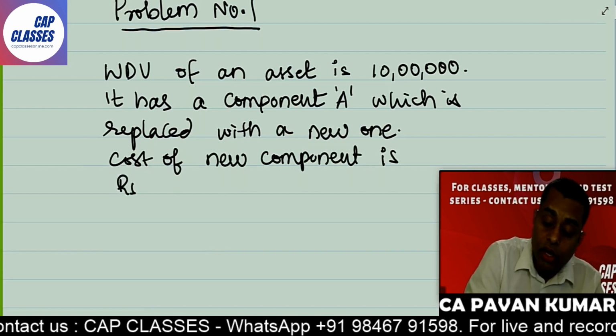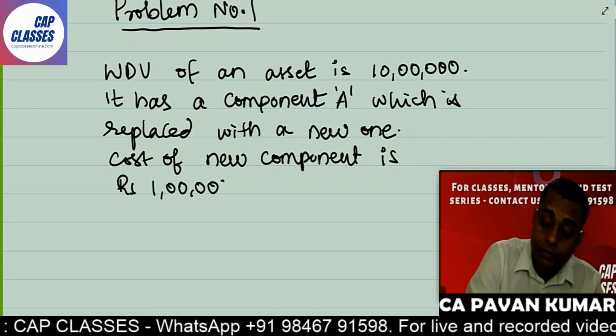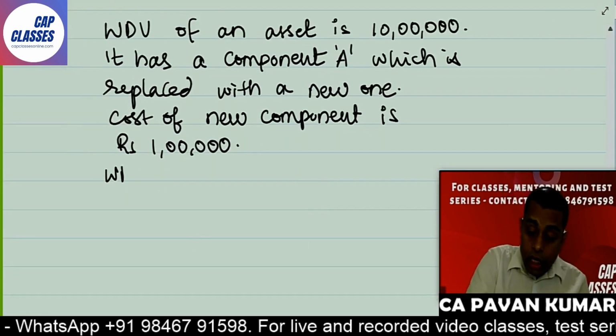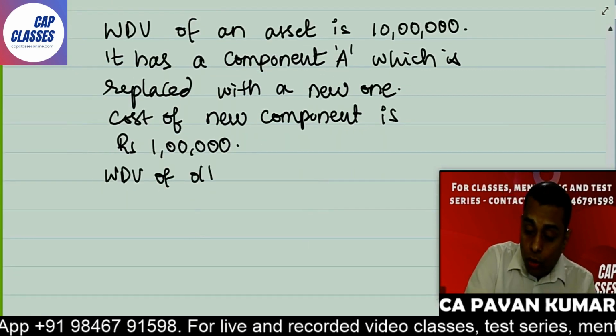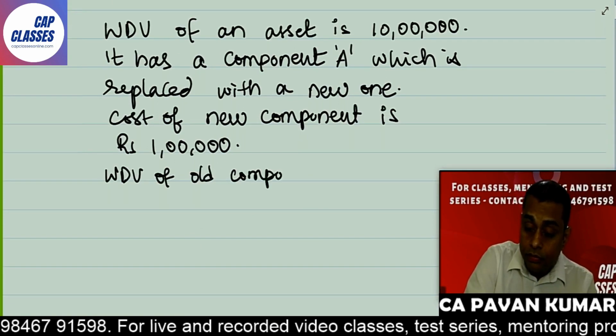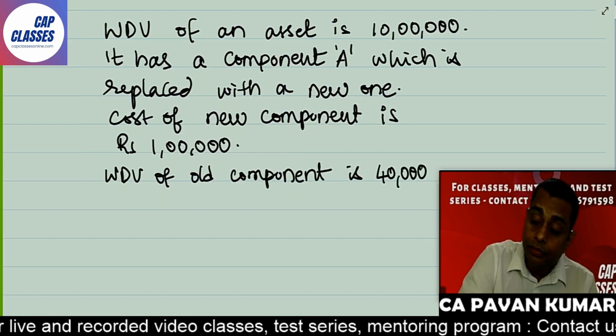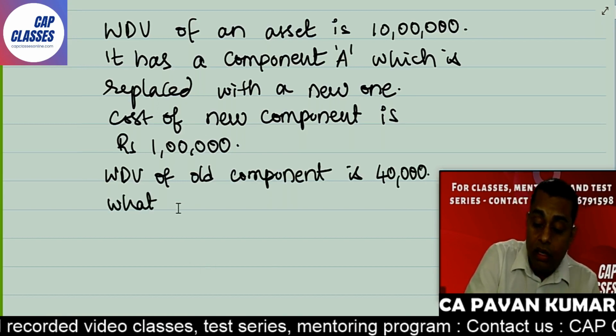Cost of new component is rupees 1 lakh. WDV of old component is 40,000. What is the accounting treatment?